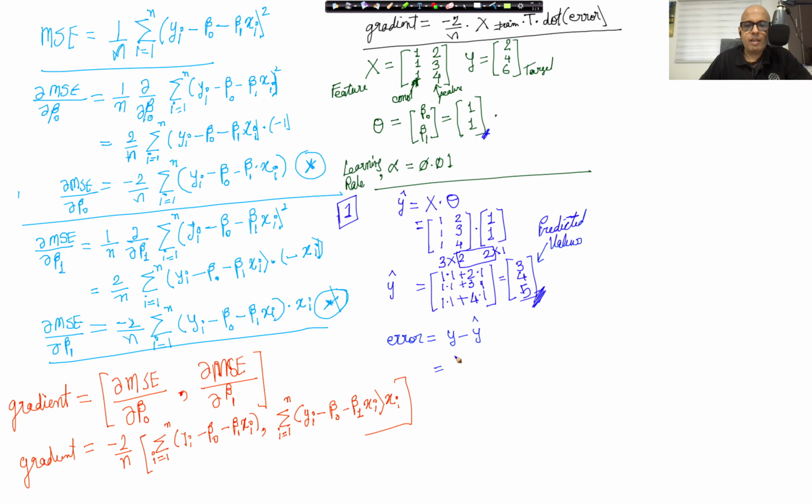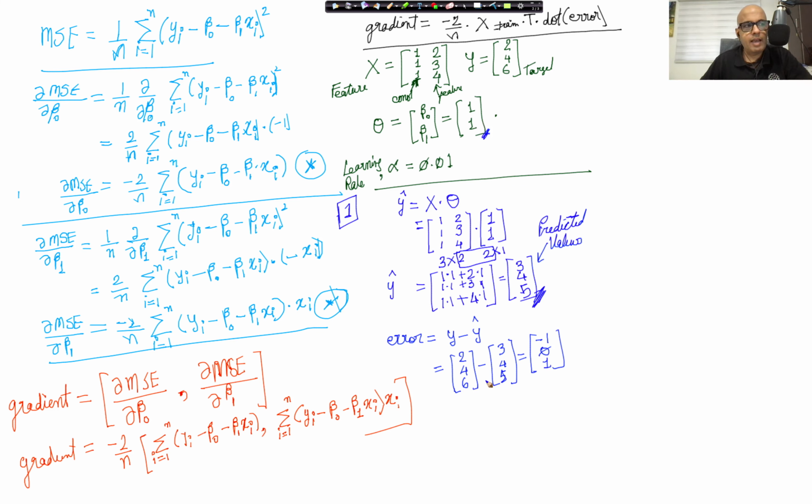The actual values are 2, 4, and 6, and the predicted values are 3, 4, and 5 that we calculated above. So the error is 2 minus 3, that is minus 1. 4 minus 4, that is 0. 6 minus 5, that is 1.